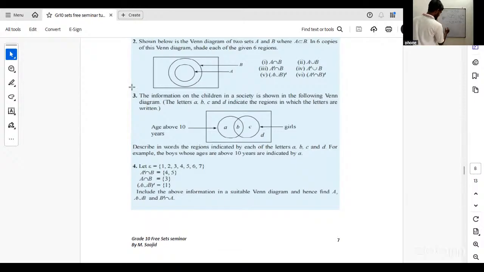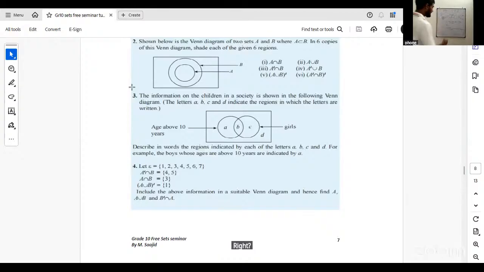B we have to find. C, we found that girls whose age is below 10 years.